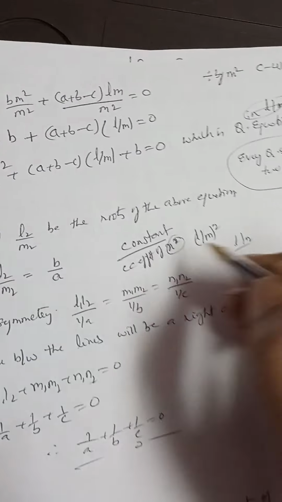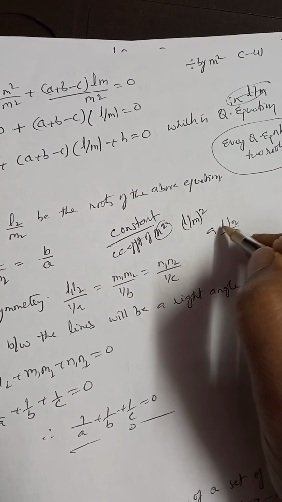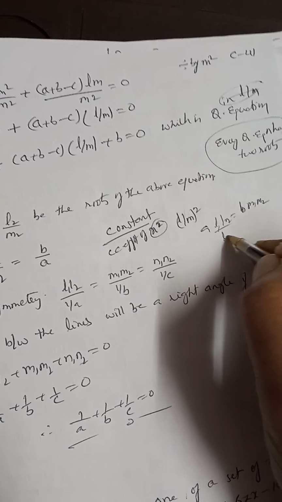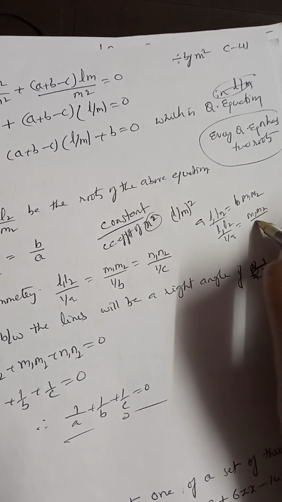From here, a into l1 l2 is equal to b into m1 m2. Similarly, m1 m2 by 1 by b is equal to n1 n2 by 1 by c. You can write by symmetry like this.